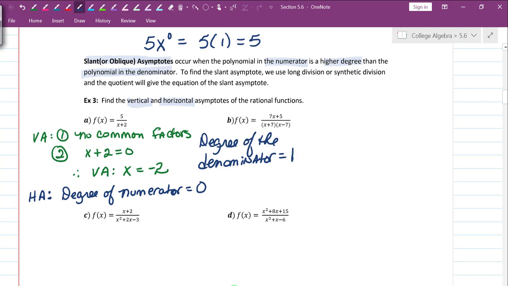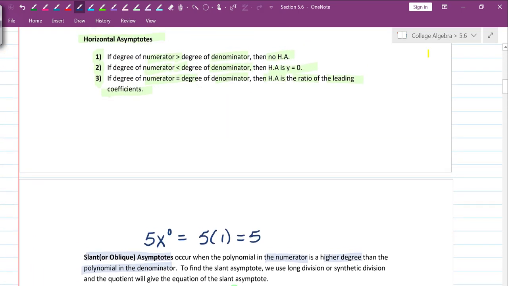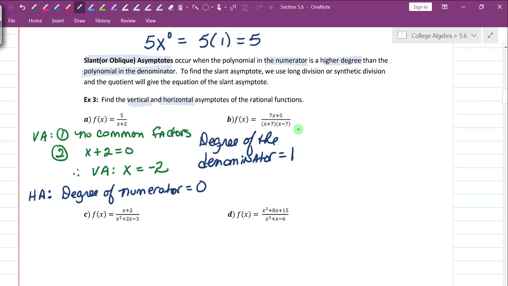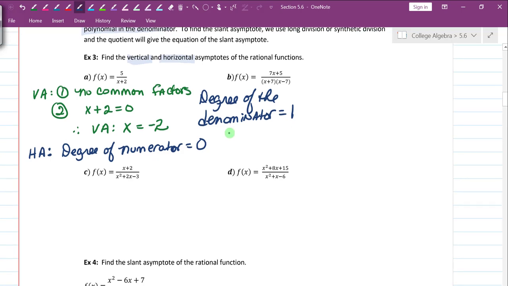The degree of the numerator, 0, is less than the degree of the denominator, which is 1. Therefore, our horizontal asymptote is y equals 0. So y equals 0 is the horizontal asymptote. Okay, so that's what we were supposed to do for part A. Now let's look at part B.